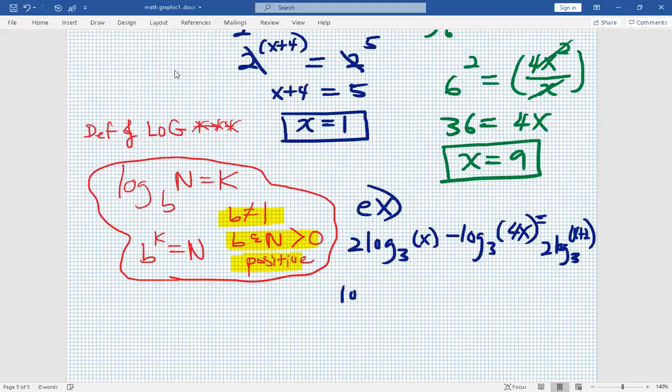That's the first step. Then we're going to rewrite this. Looks a little bit better now, right?